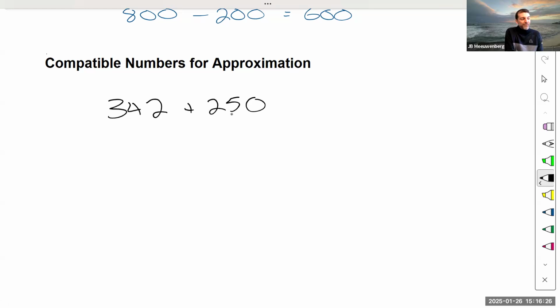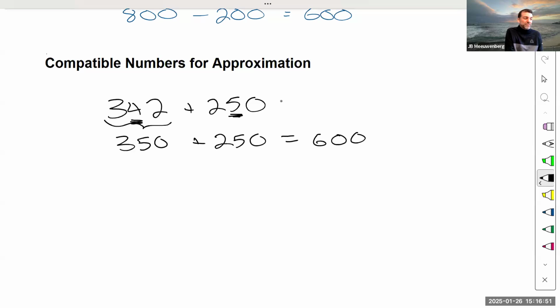Well, I've got a 5 in that tens place, and this is pretty close to 5 there, and those are very compatible numbers because they add up to 10. So I'm going to round this first number to 350, and I'm going to leave 250 unchanged. 35 plus 25 is 60. So this is going to be approximately 600.